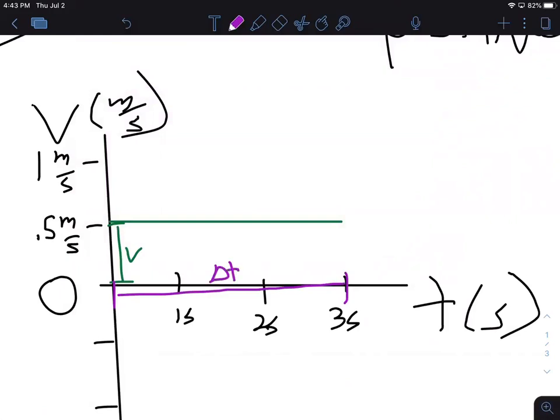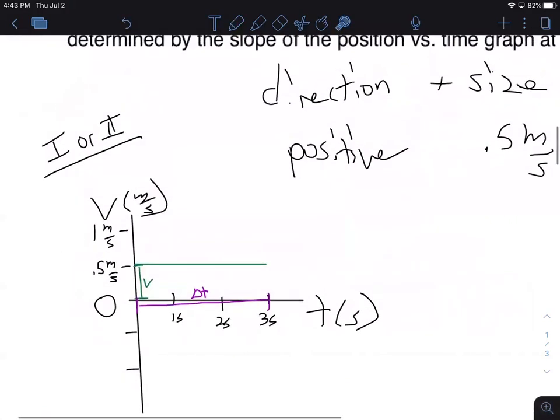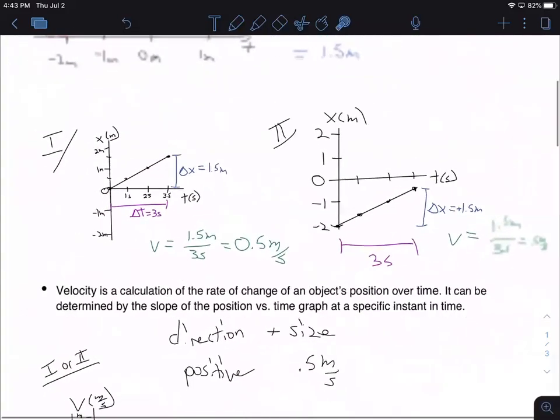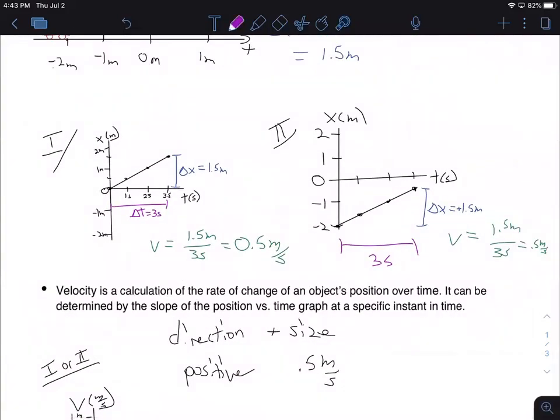That's my delta t. Those make an area. I have a height and a base. So velocity v times delta t can give me delta x. And you can look again back up here where velocity was rise over run.